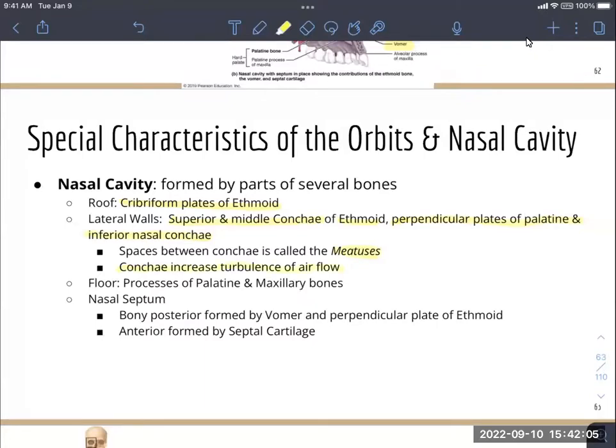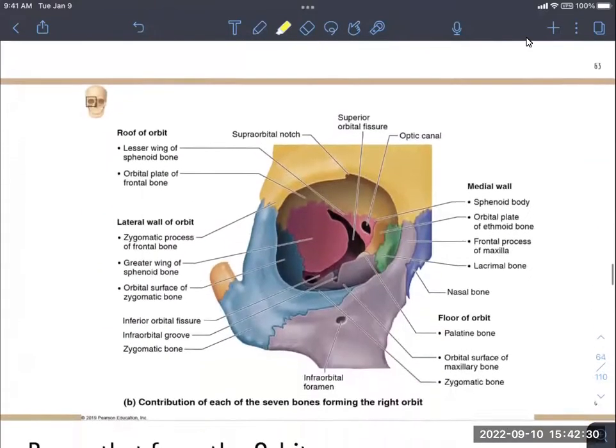It warms the air and kind of gets things flowing to get out anything that should not be breathed into our system. The bottom of the nose has the palatine and the maxillary bones, the septum. We have a vomer, that perpendicular plate of the ethmoid bone. And it also has septal cartilage in there.